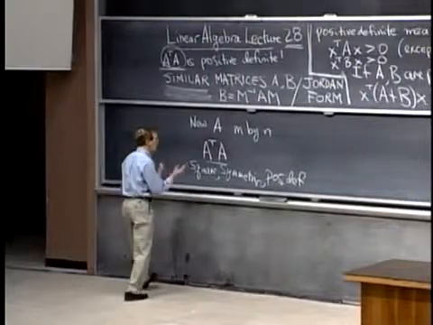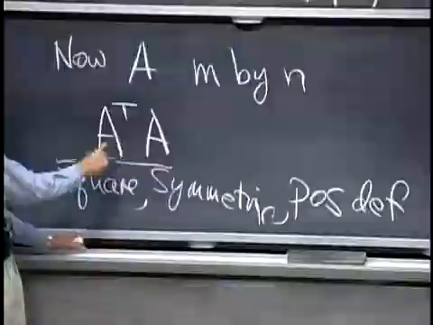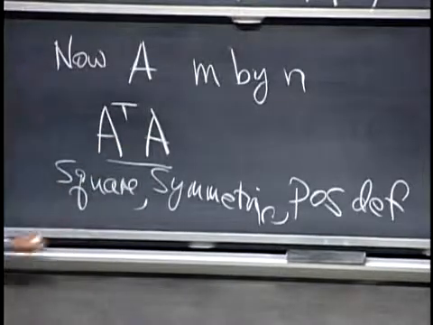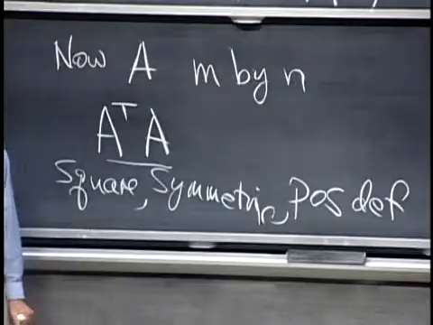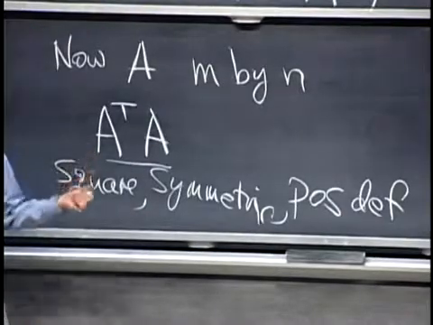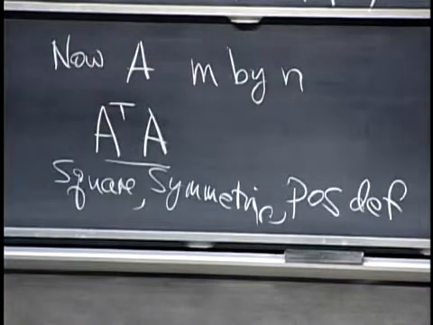Again, it's a rectangular A that I'm starting with, but it's the combination A transpose A that's the square, symmetric, and hopefully positive definite matrix. So how do I see that it is positive definite, or at least positive semi-definite?